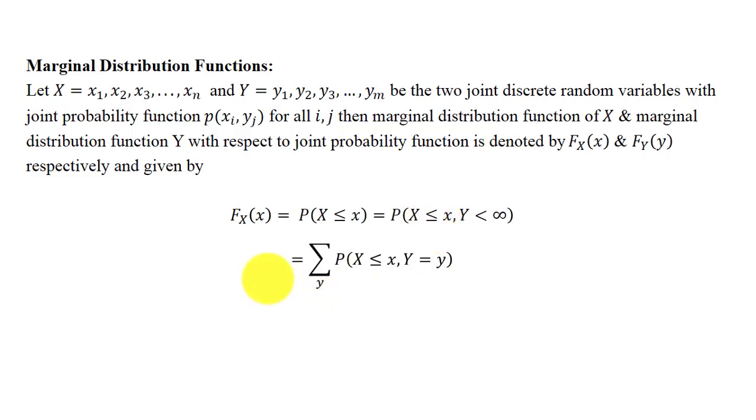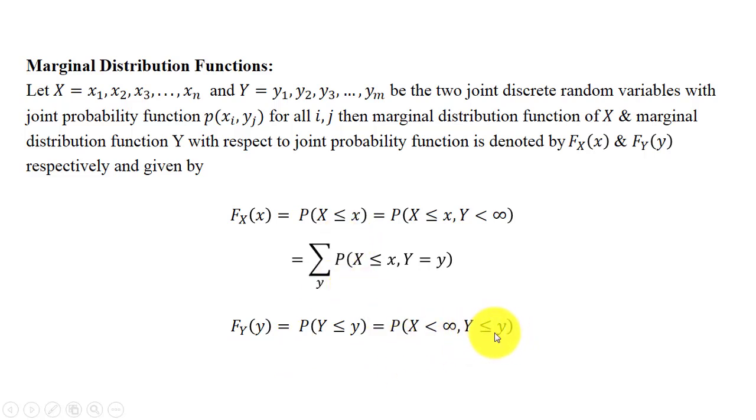Which is also denoted by the summation over y, with x less than or equal to x1, that is, X less than or equal to x, and Y equal to y. Similarly, the marginal distribution function Fy is given by Fy of y, which is nothing but P of Y less than or equal to y. That is, you have to take the summation over all values of x for some particular value of y.